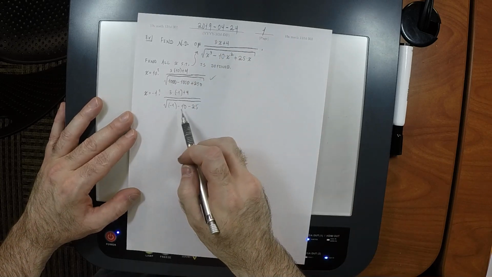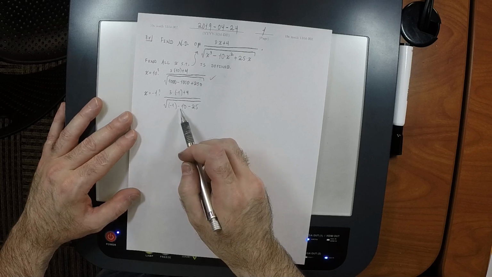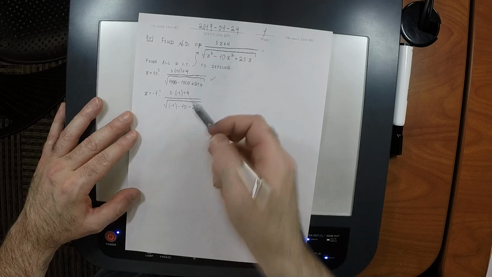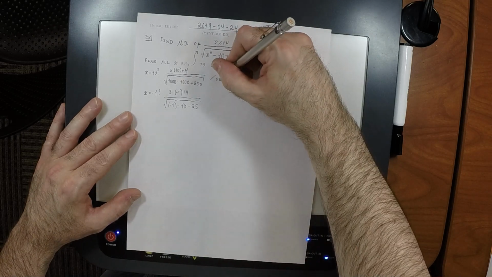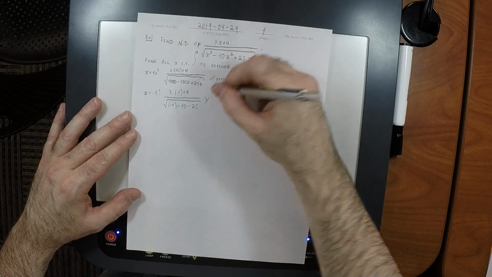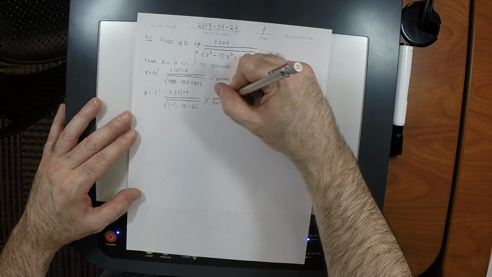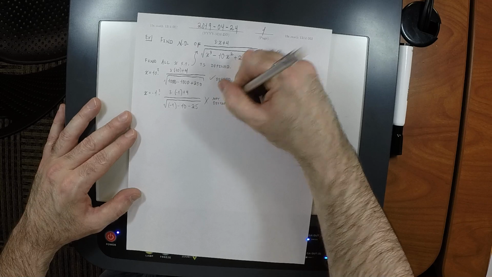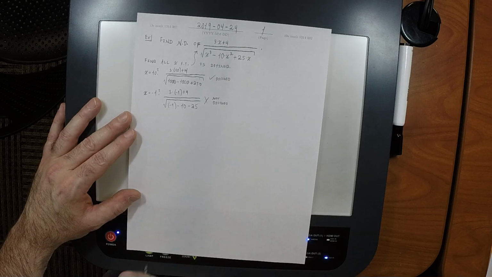Notice that'd be a negative being put into the square root, so that's not defined. So this is defined. This is not defined, because that's putting a negative into the square root. All right.